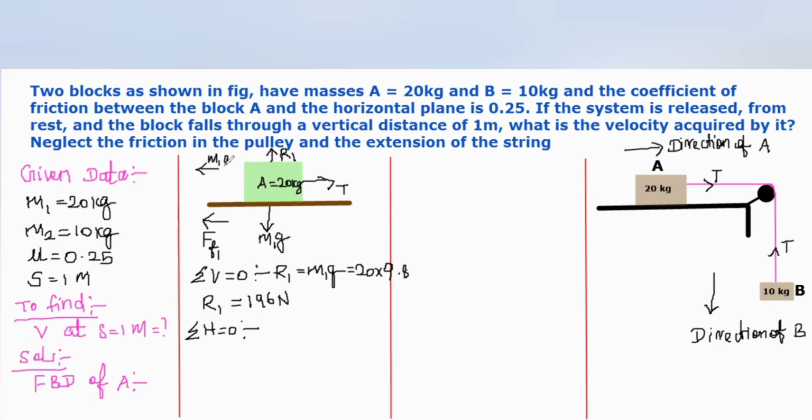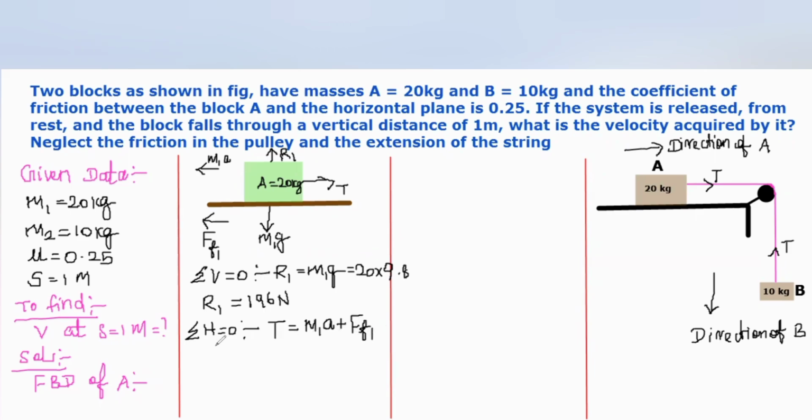The inertia force m1a also opposes the motion, so that is also towards the left side. So of these three horizontal forces, the tension towards the right side equals the summation of the left side forces, m1a plus capital F, F1.